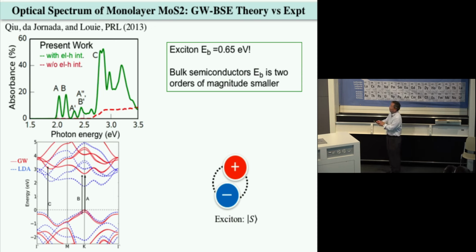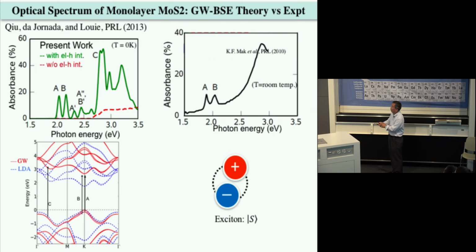These peaks actually correspond to a series of excitons arising from each of the interband transitions. So the A prime, A double prime correspond to various excitons due to this A transition, and so on. In fact, you could get huge excitonic states for this C transition here.